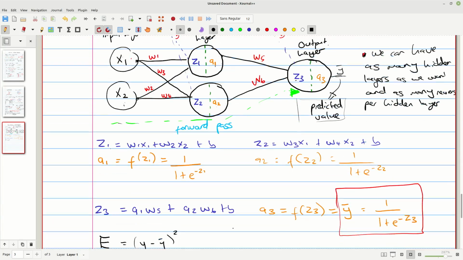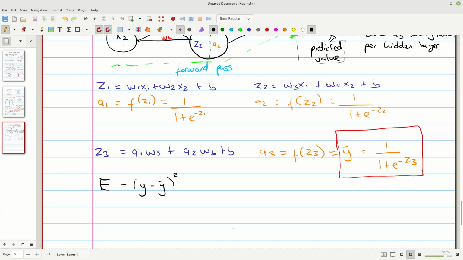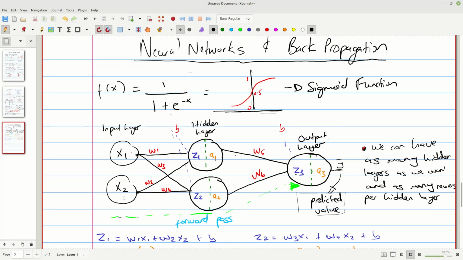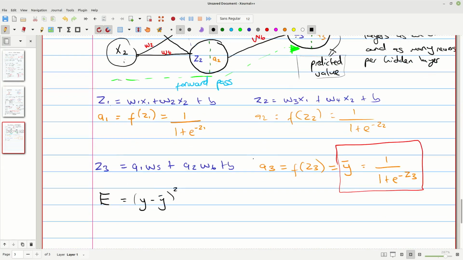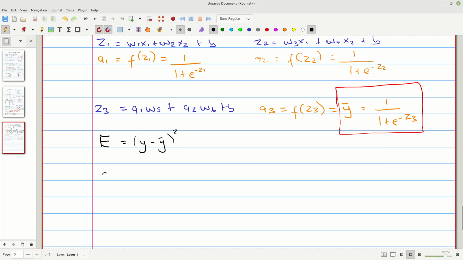We already talked about how we do that in the simple case, but let's look at a particular value of w. Let's say we want to update this one, w5, right? That's the first value we want to update. How do we update it? We take the partial derivative of the error term with respect to w5.